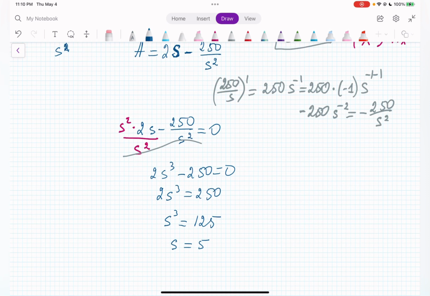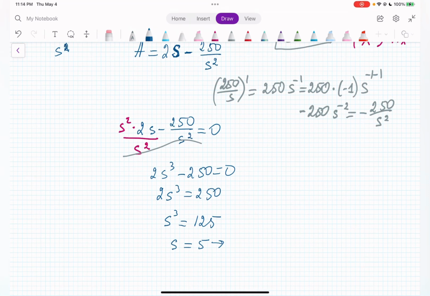Okay, so once we have it, what am I going to do next? I need to find the second derivative because we have this critical value. Now we don't know if this is going to give us maximum or minimum.